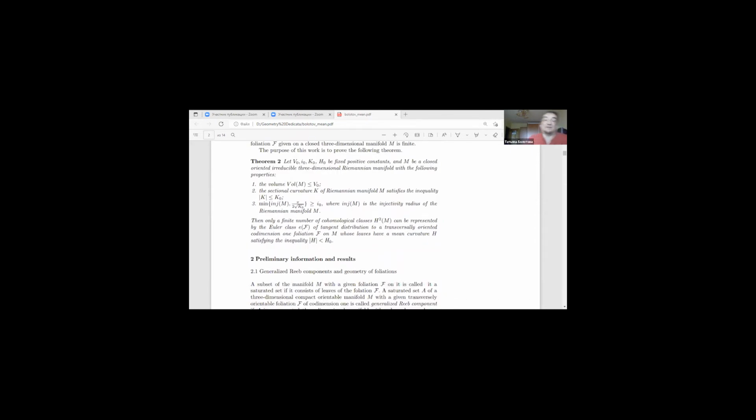Of course, such a foliation with bounded mean curvature can contain generalized Reeb components, and it is actually a basic problem how this fact is used in the proof.